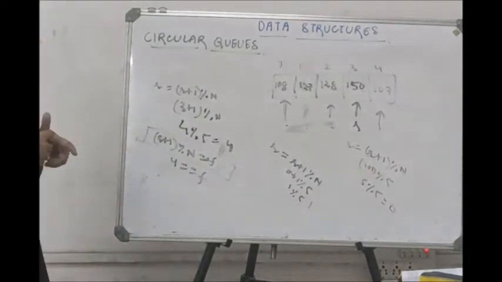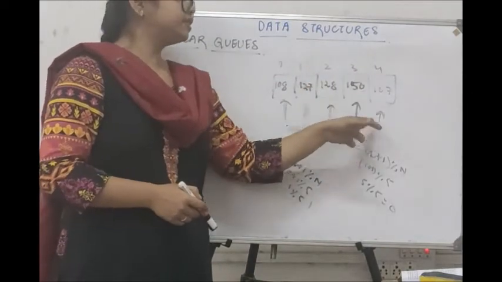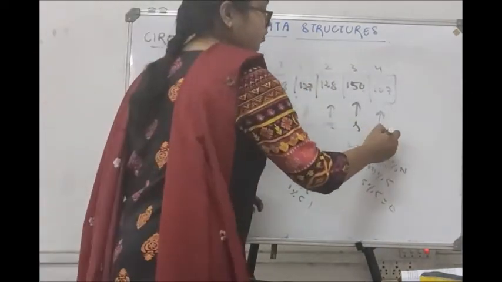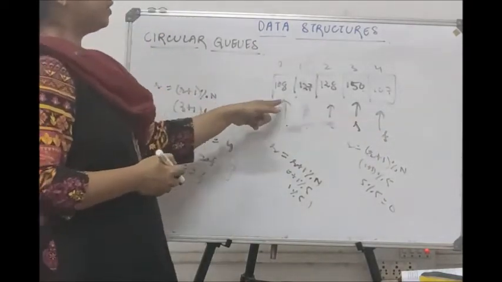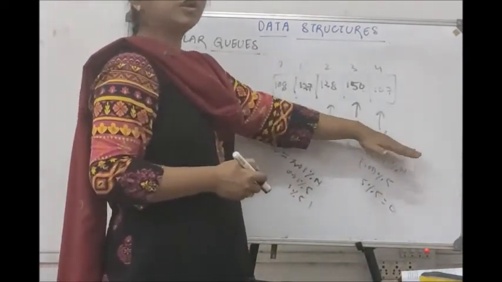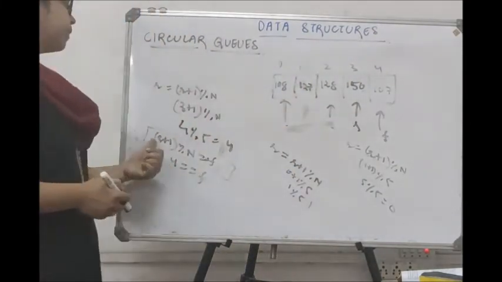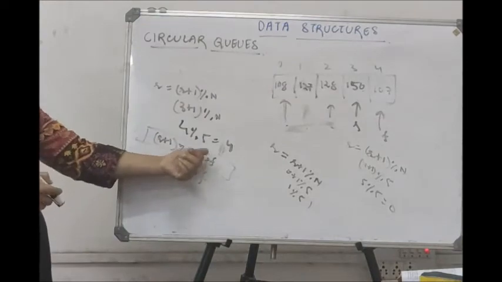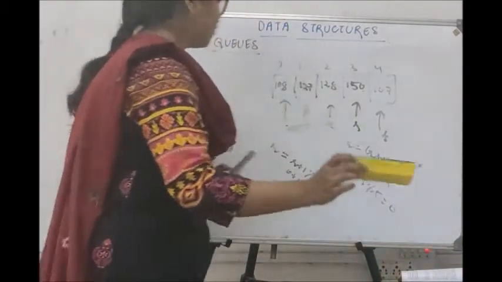If the incremented value of R is occupied, that is, if it is the front, this was our front, because we deleted all, it was rear and front, then we added and rear got incremented, but front was the rear only, isn't it? So if the incremented value of R is equal to front, we say the queue is full. So what is the condition for queue full?